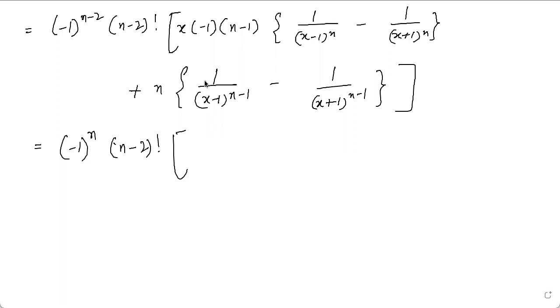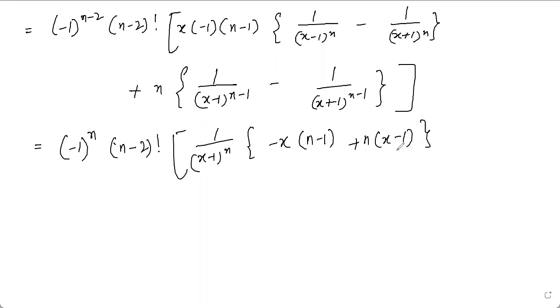So further, let us take this common. This will be x minus 1 to the power of n, and this is minus x into (n minus 1) plus n into (x minus 1), right?